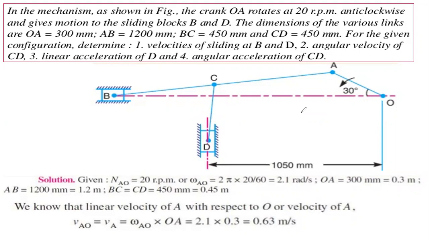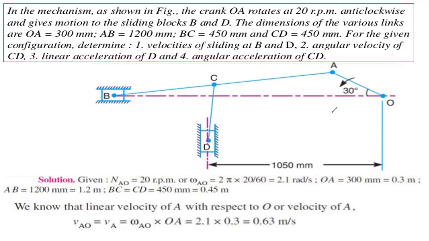First of all, study the question. In the given mechanism as shown in the figure, the crank OA rotates at 20 rpm anti-clockwise and gives motion to the sliding blocks B and D. The dimensions of the various links are OA 300 mm, AB 1200 mm, BC 450 mm, and CD 450 mm.